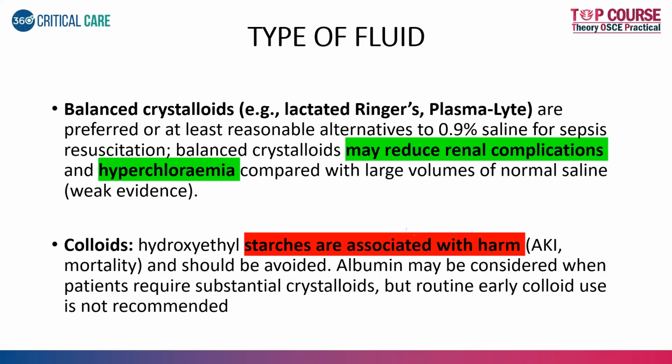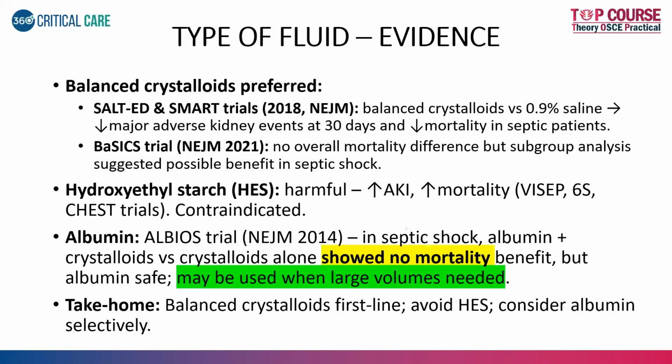So first answer would be amount of fluid. Second, type of fluid: balanced crystalloids over colloids. Again, colloids carry a higher mortality and risk of AKI. Excess use of saline over balanced crystalloids can cause a risk of hyperchloremic metabolic acidosis and AKI. Just remember this. Okay.